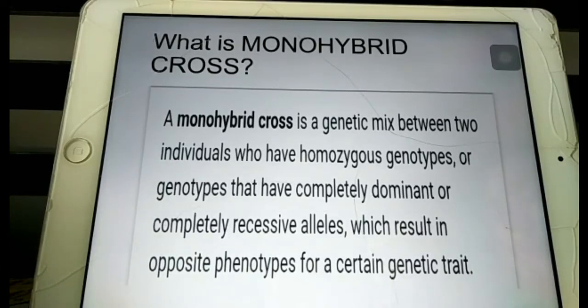When we talk about a monohybrid cross, we take parents with contrasting single-character alleles and make a cross between them, and we look at the variations coming in their offspring. Today we are going to cross these parents with single contrasting characters, and we will observe their results in F1 and F2 generations.